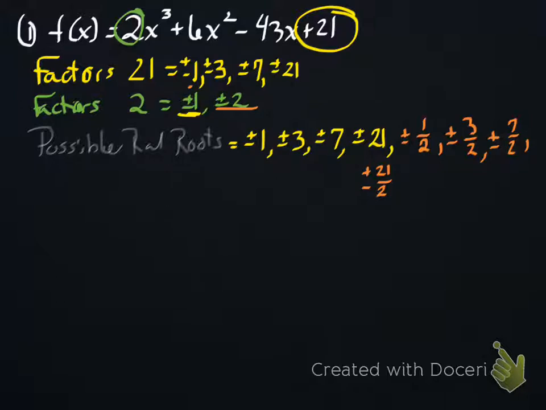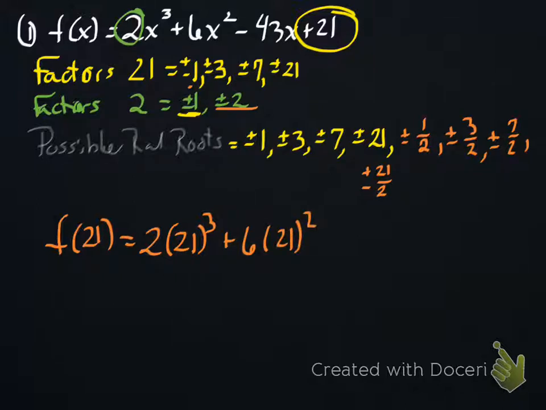Let me do 21. So f of 21. That means I want to do 2 times 21 cubed plus 6 times 21 squared minus 43 times 21 plus 21.